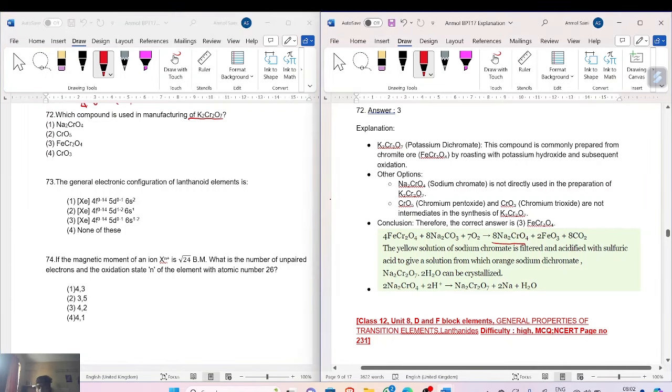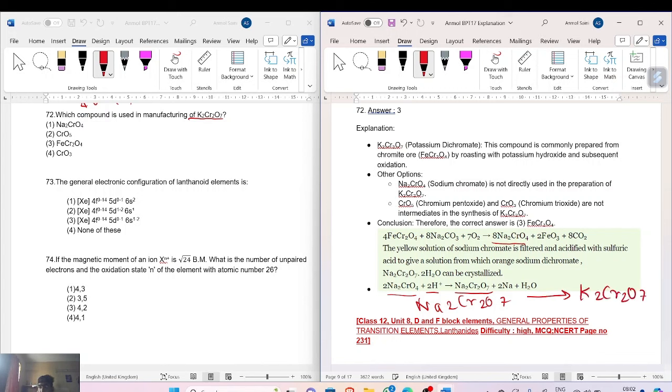Then we have to do the reaction of Na2CrO4 with H+, or you can say acid. Then we will get Na2Cr2O7. Then from Na2Cr2O7 we will get K2Cr2O7.